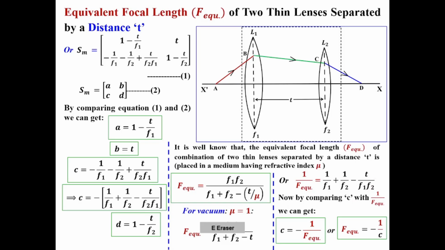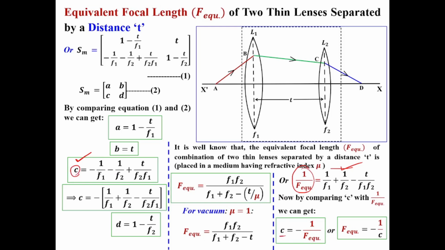Now you just compare the C value. Where is the C value? This is the C value and this is the equivalent value. By comparing 1 by f equivalent and the C value, we find C equal to minus 1 by f equivalent.